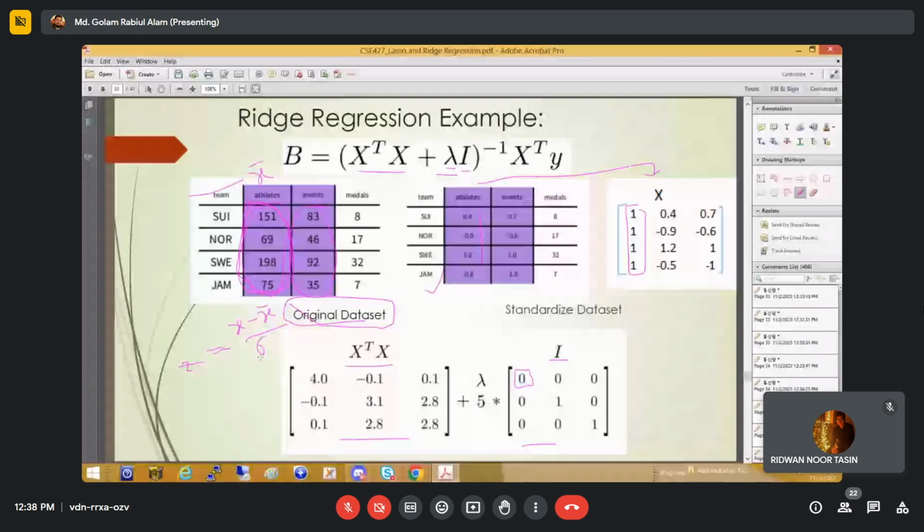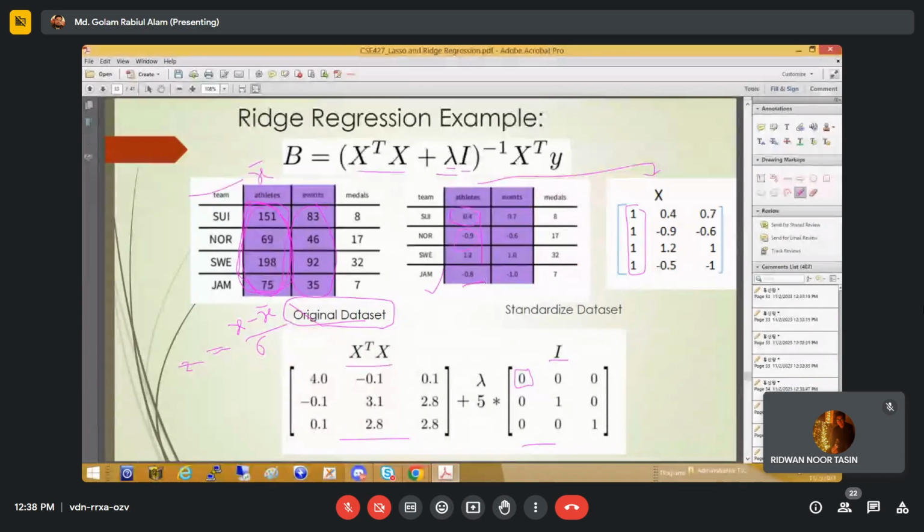Then we will get these values: 0.4, minus 0.9, 1.2, and 0.8.